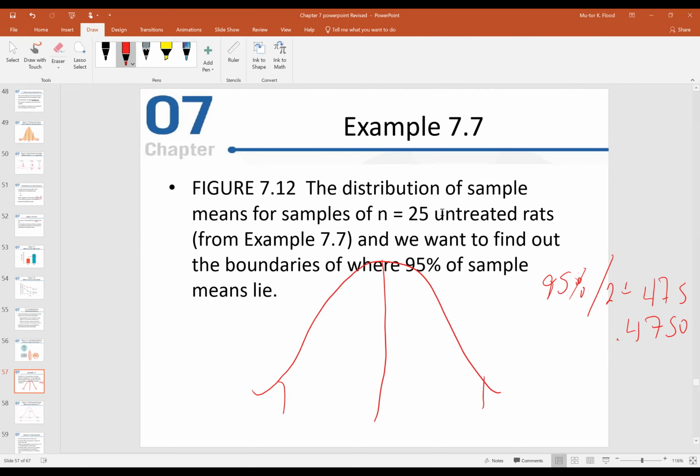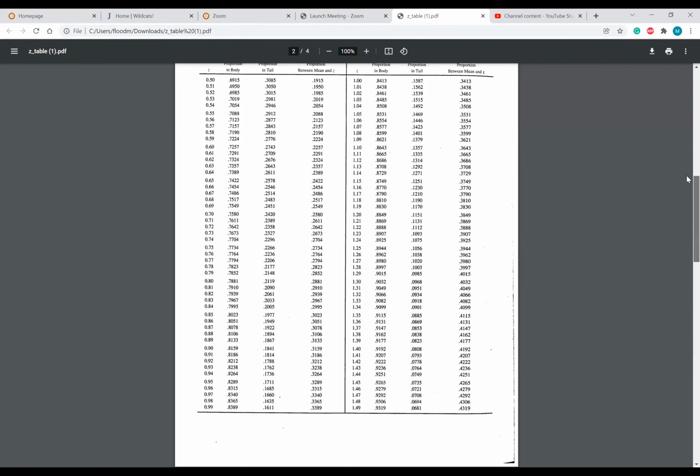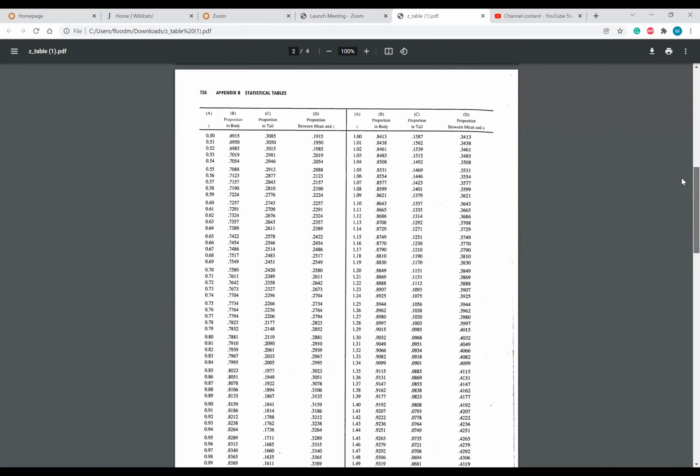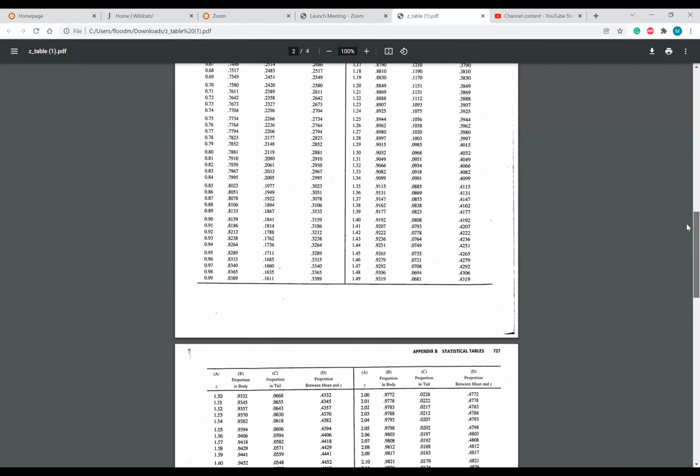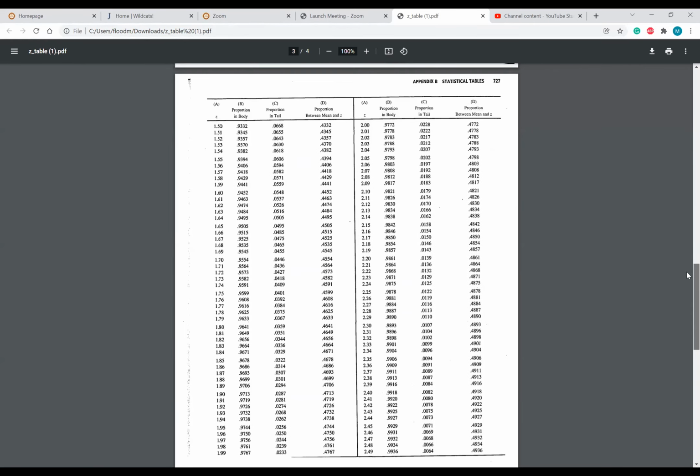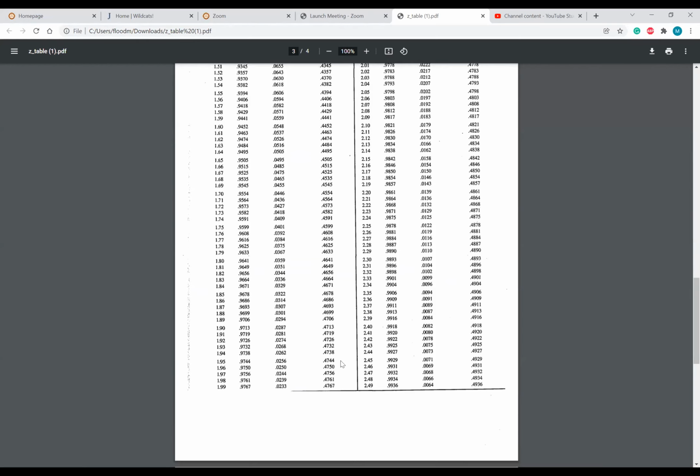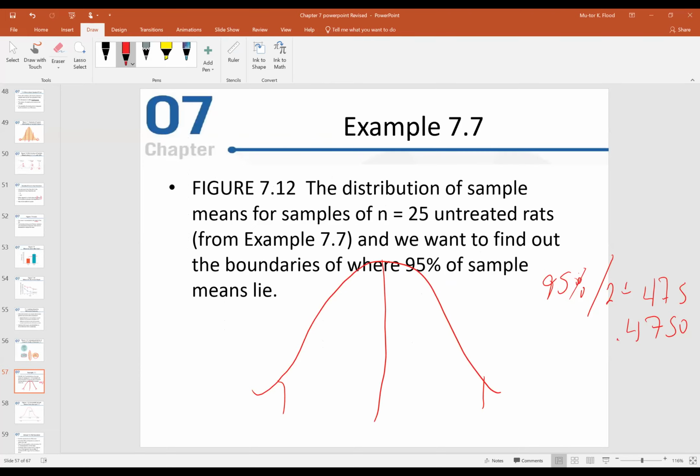Now we're going into the unit normal table, into column D, to find the number closest to 0.4750. We have that exact number here, 0.4750, and that is a z-score of 1.96. So this is where the boundaries are.